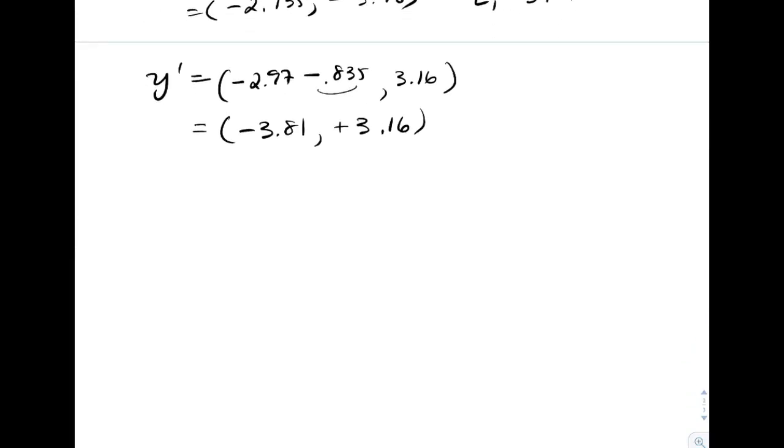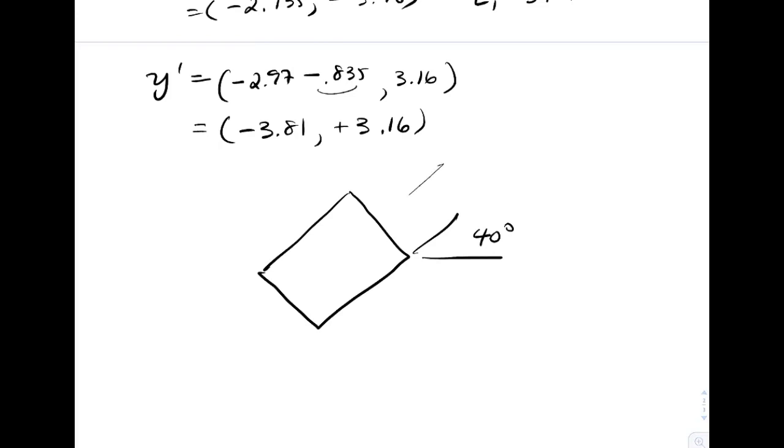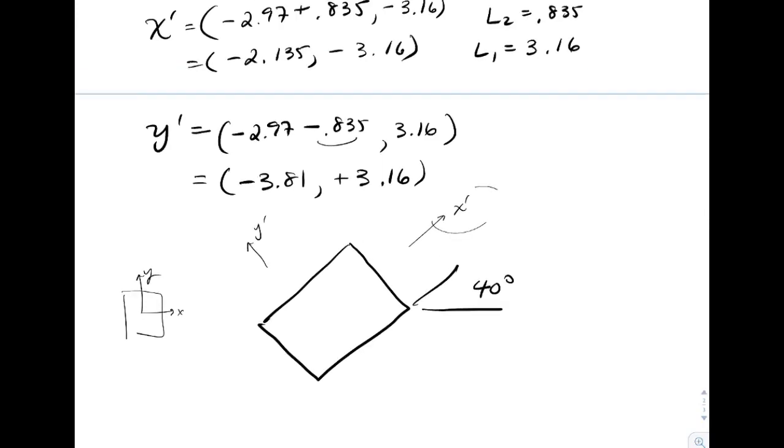So our element now would be sitting at 40 degrees. So we rotated it 40 degrees. That would be the x prime, that would be the y prime axis. Again, originally it was x, y. We went counterclockwise, so now the x prime is sitting up in the air, and all we're going to do is just draw the answer on. So the x prime face has compression, 2.135.